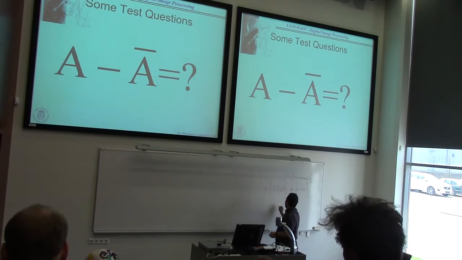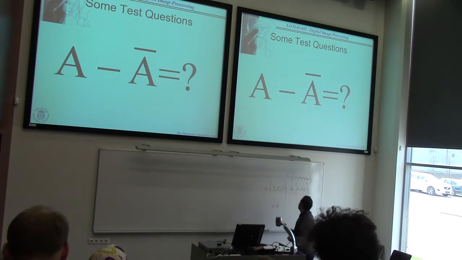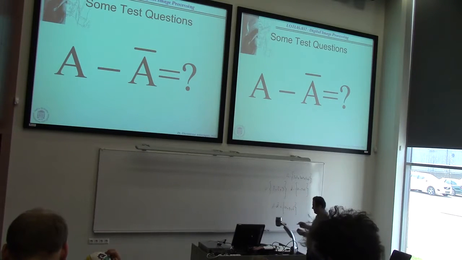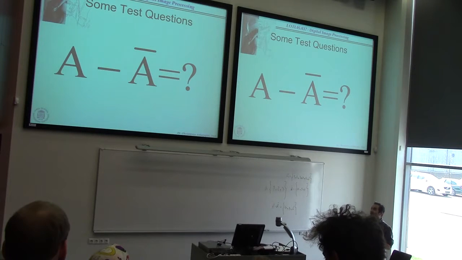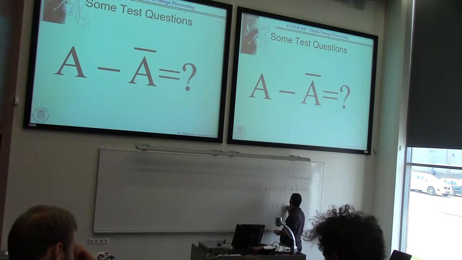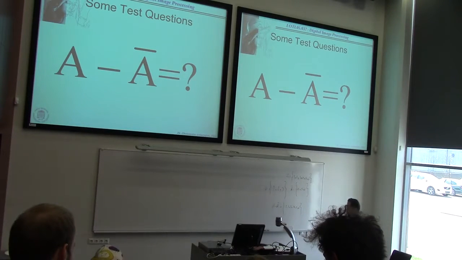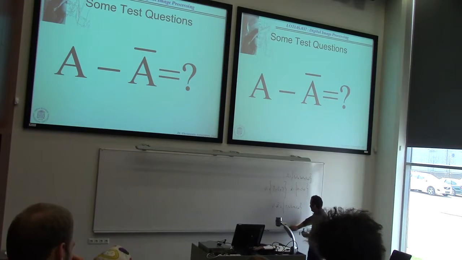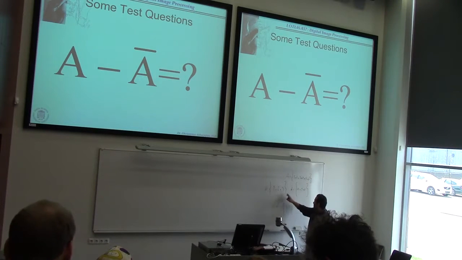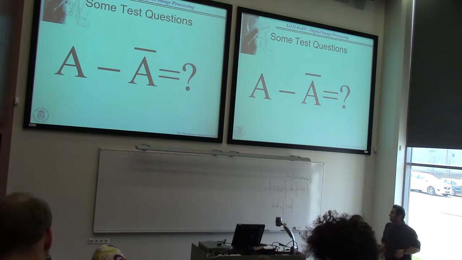When we write A minus the complement, we get just 1, 2, 3, which is just A. We have no common number between these two sets.